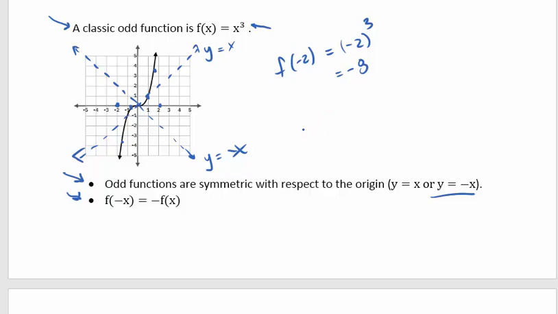So I get negative 8. If I take f of positive 2, when I cube positive 2, I get positive 8. Notice my function values are exact opposites of one another. And that's what will happen in odd functions: if I take f of a negative x, I get the opposite of the positive x value.